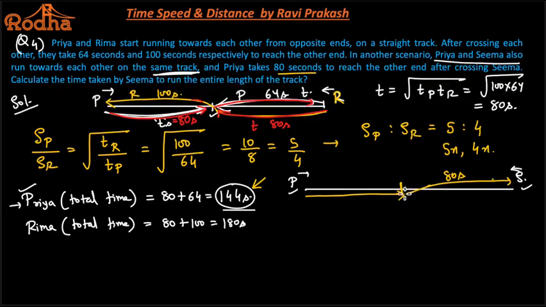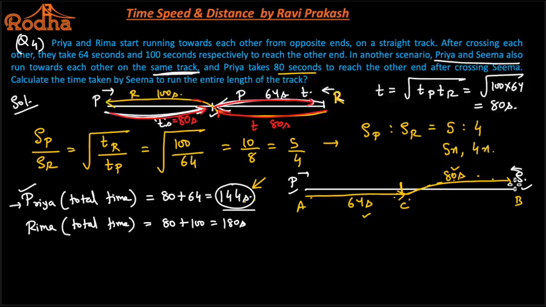So if Priya is taking 80 seconds for this part, let's say this part is A, C and B, if Priya is taking 80 seconds for the CB part, that means out of 144 seconds, if 80 is here, then 64 must be here. So 64 plus 80 will become 144. That means before meeting Seema, Priya has taken 64 seconds to reach from this point to this point.